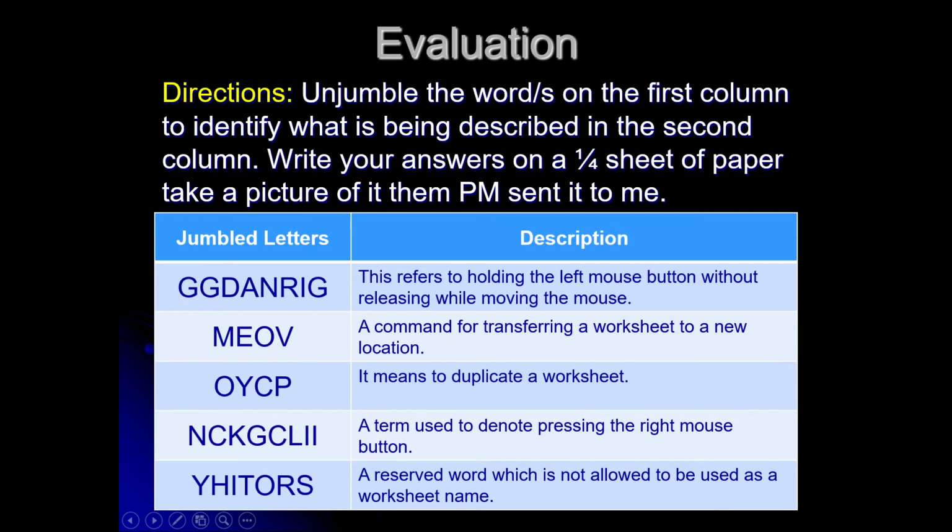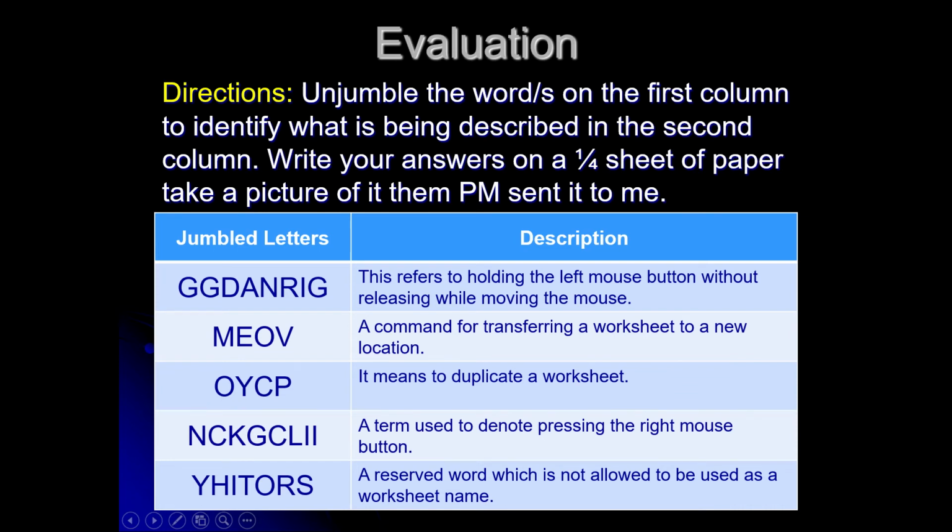Number 1. This refers to holding the left mouse button without releasing while moving the mouse. Number 2. A command for transferring a worksheet to a new location. Number 3. It means to copy a worksheet. Number 4.